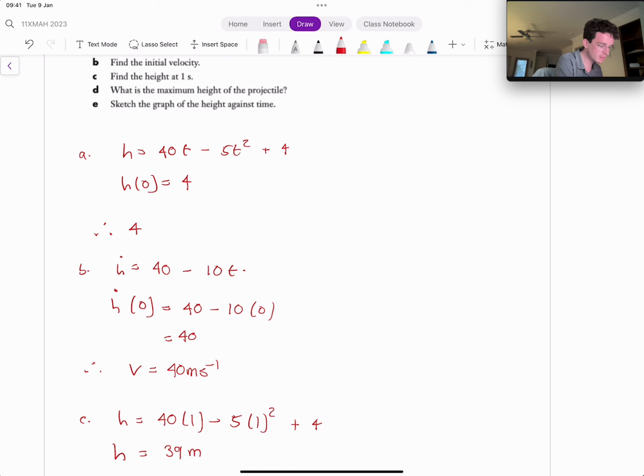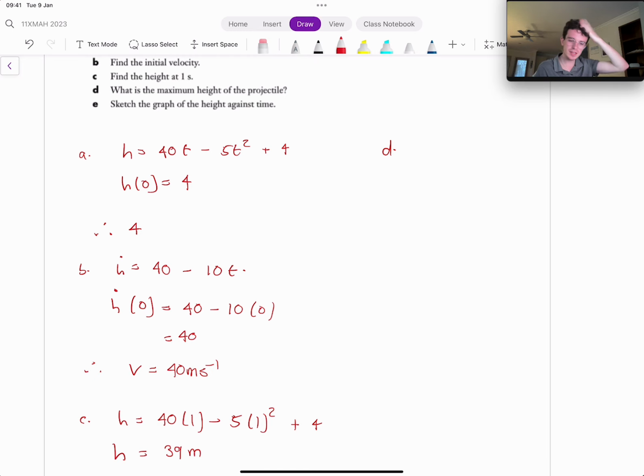Part D, what is the maximum height of the projectile? This is another thing that requires a bit of thinking, but once you're told it, you'll never forget it. If I'm a projectile going up and up and up, eventually I'm going to have to start coming down. So as I'm going up, my velocity is slowly decreasing because I'm slowing down, and then I have to start coming back down.